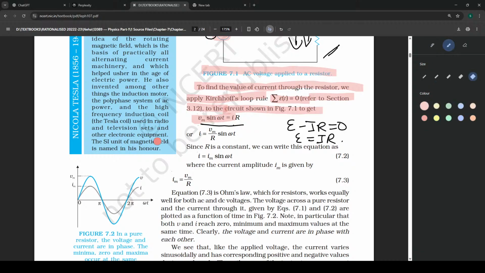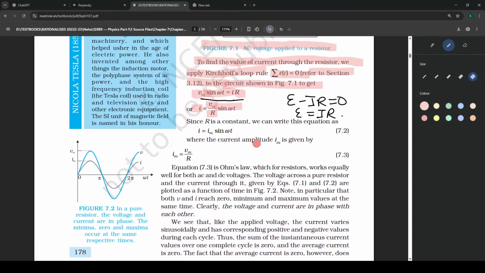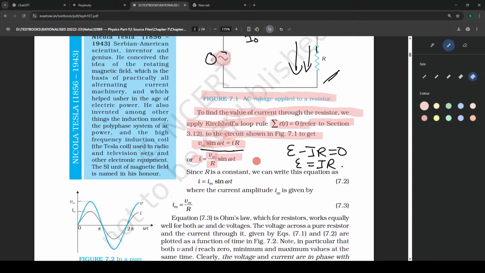Now if we want to find out the current, we just shift the resistance to this side. We will get the current, which equals potential by R sin omega t. R will remain constant, it's not a varying function of time.